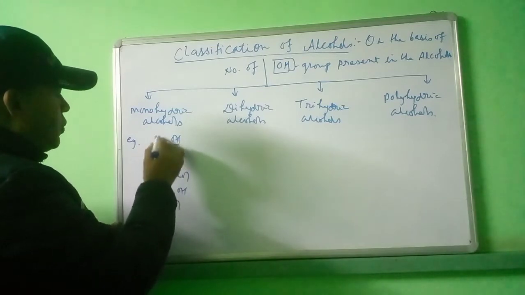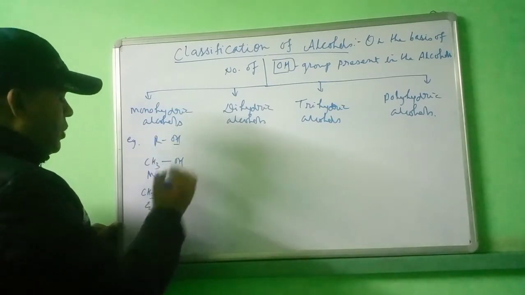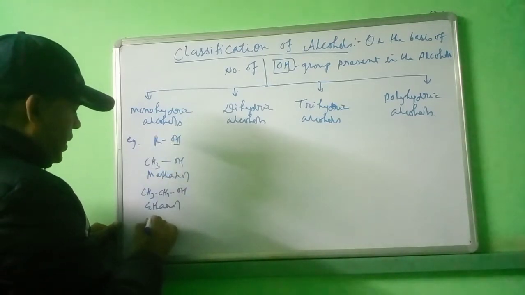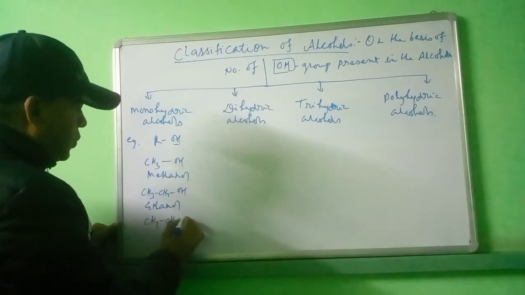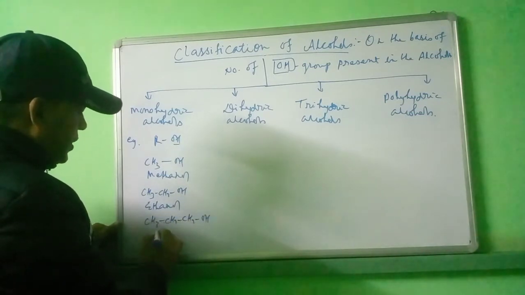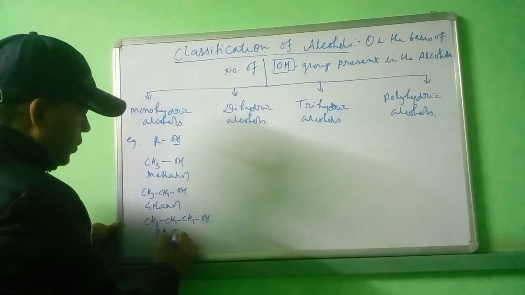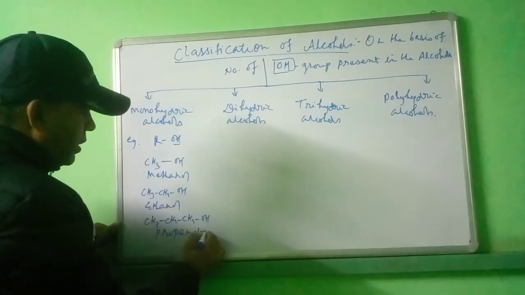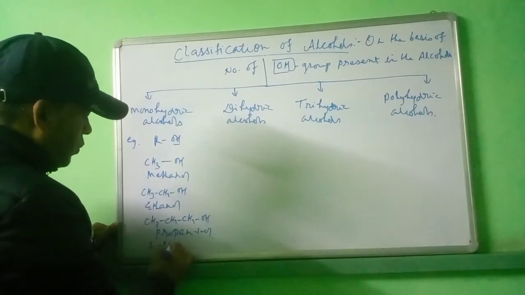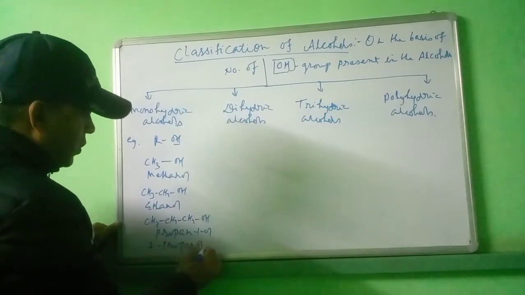If R is equal to the propyl group, then CH3CH2CH2OH is propanol, which we can also write as propan-1-ol or 1-propanol.